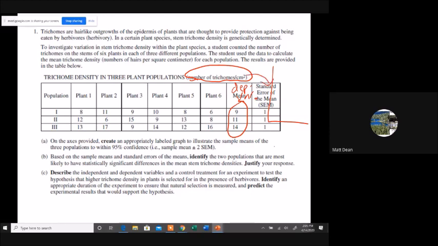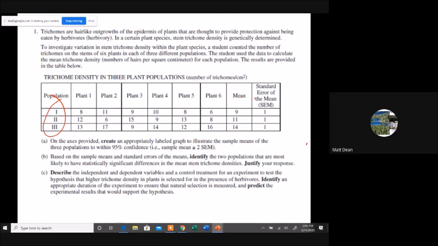And what we're going to put on the X-axis is our independent variable, which in this case, not really the independent variable of the experiment, is going to be the population number. So we're going to put pop number against trichome density. Now, if you were asked to do a graph, make sure that you also include the units and that you clearly label both axes.